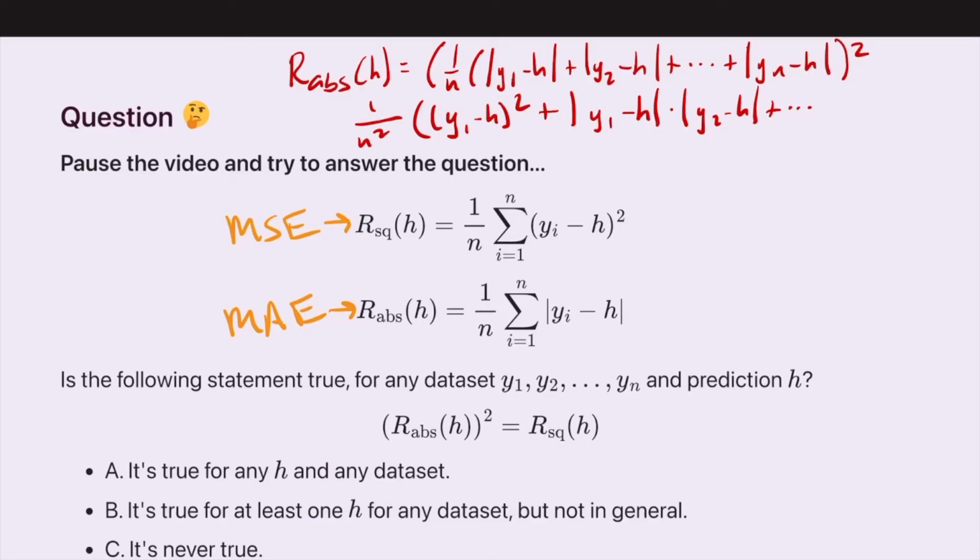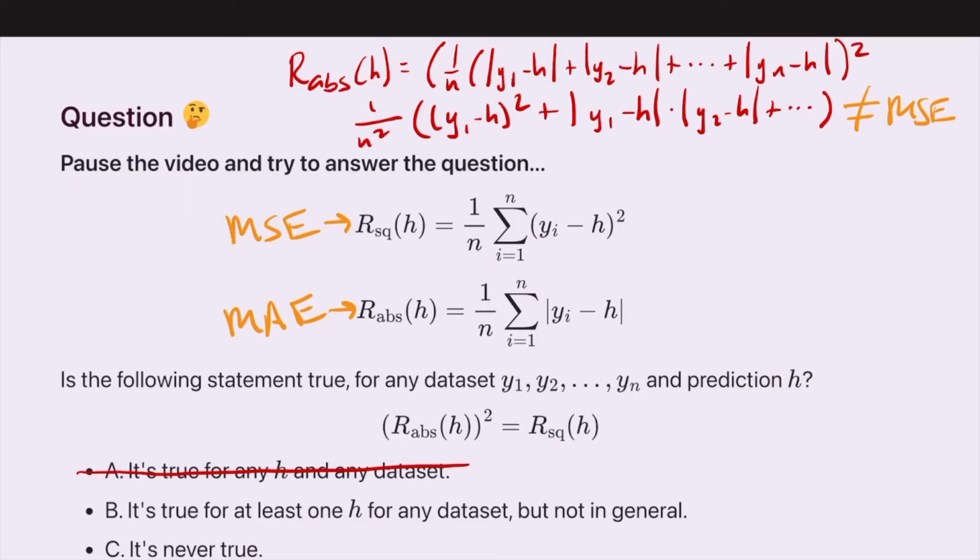And we'll have other stuff in here too. But really, because of stuff like this, we're going to say that this is not equal to mean squared error. So in the general case, this is not true. So we can cross A out. This is generally not the case.